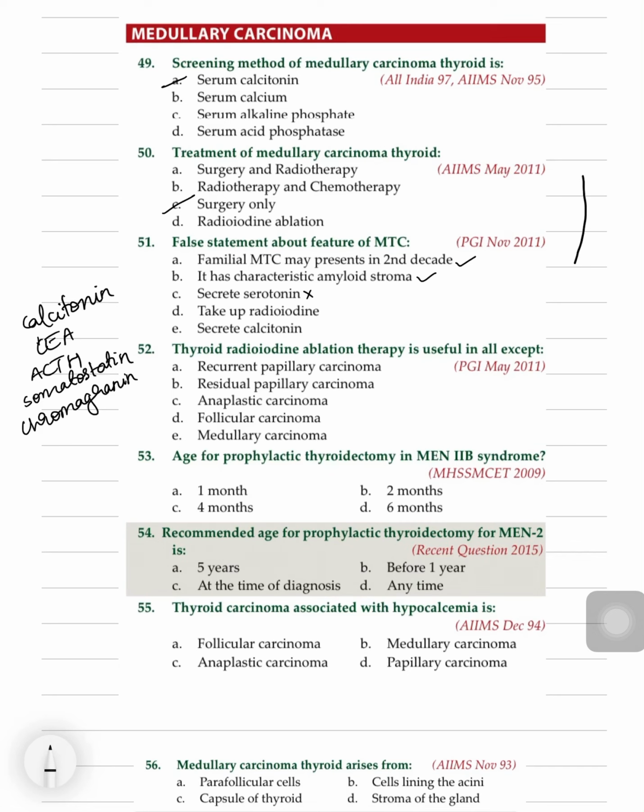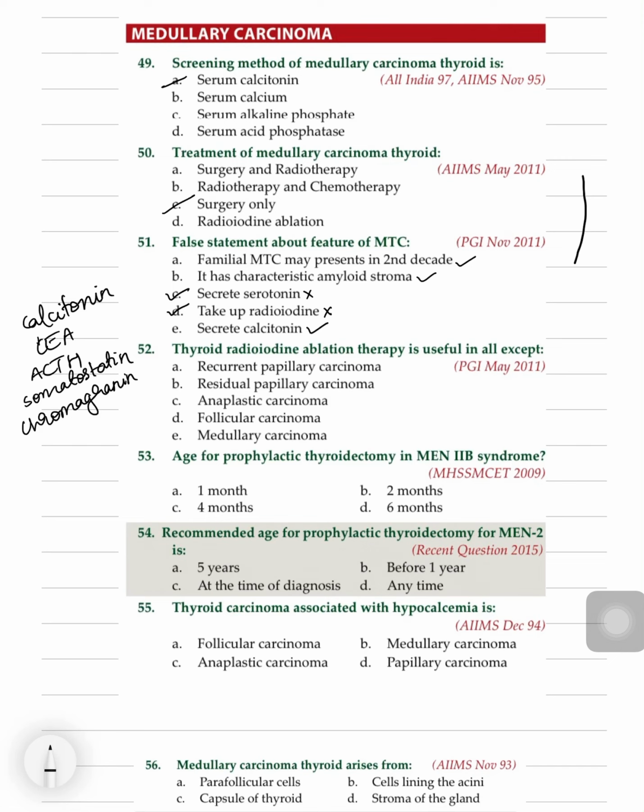Takes up radioactive iodine? No, it arises from the parafollicular C cell, not the follicular cells, so it does not take up radioactive iodine. It secretes calcitonin, a true statement, so options C and D are correct.